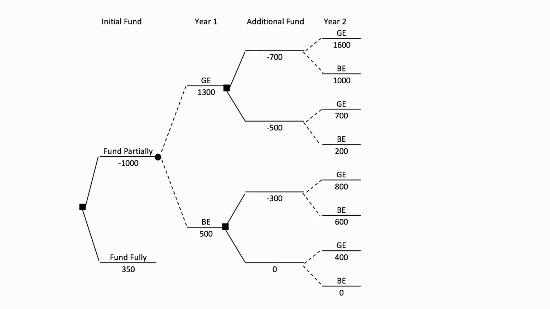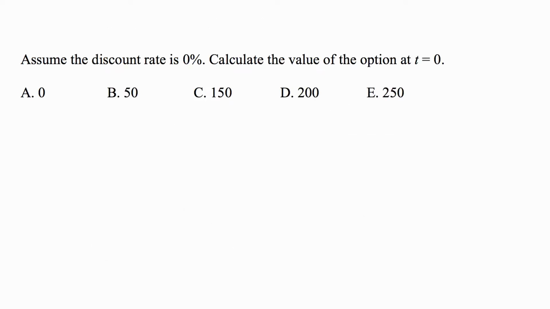So this diagram is used for the decision, and we'll go over this in just a second. But we also assume that the discount rate is 0% to make the calculations easier. Calculate the value of the option at time t equal to 0.